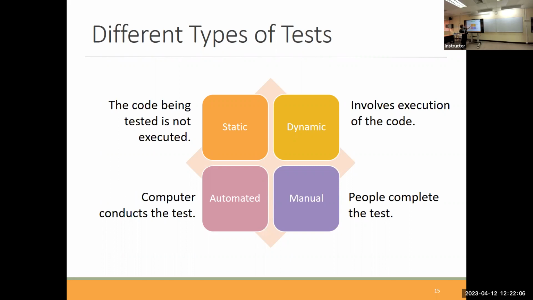First, static. Static means it's not really executed. Maybe you just read the code. Dynamic, you run the code and see the result, whether it's correct or not. Automated, there's automatic testing tools nowadays, which is very convenient as well. And manual means that we use people to perform the test.